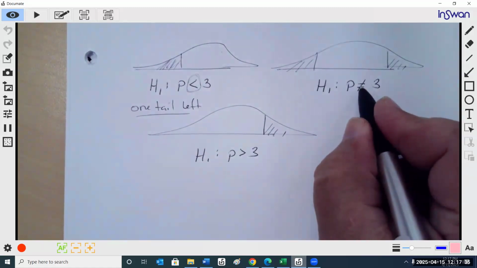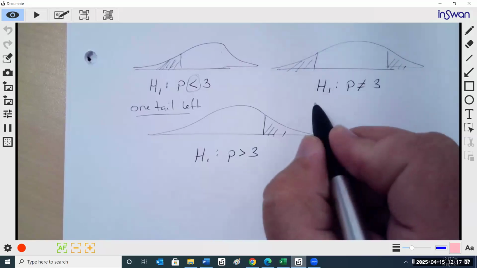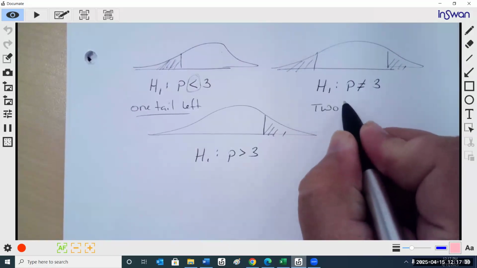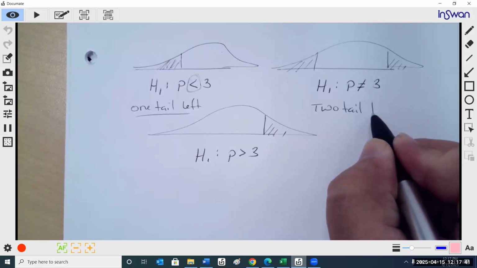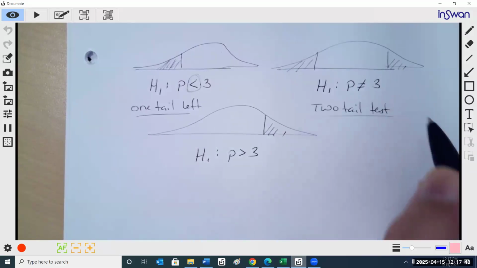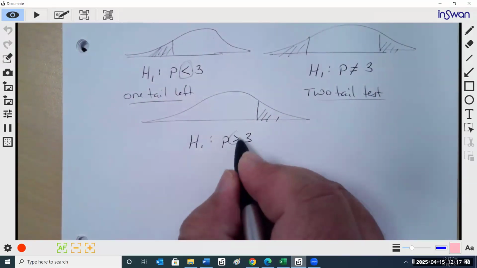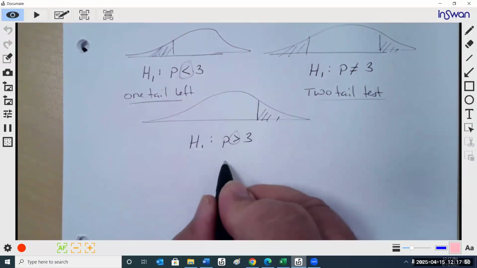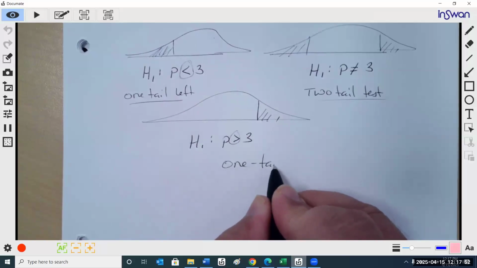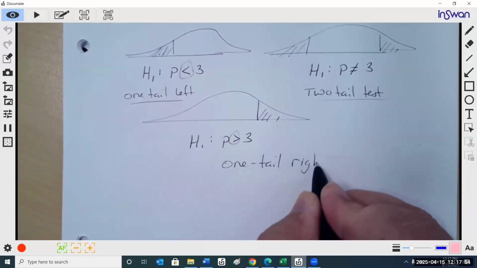If it's not equal to, that means it could be in either end, then it's a two-tail test. If it points to the right, then it's a one tail right test.